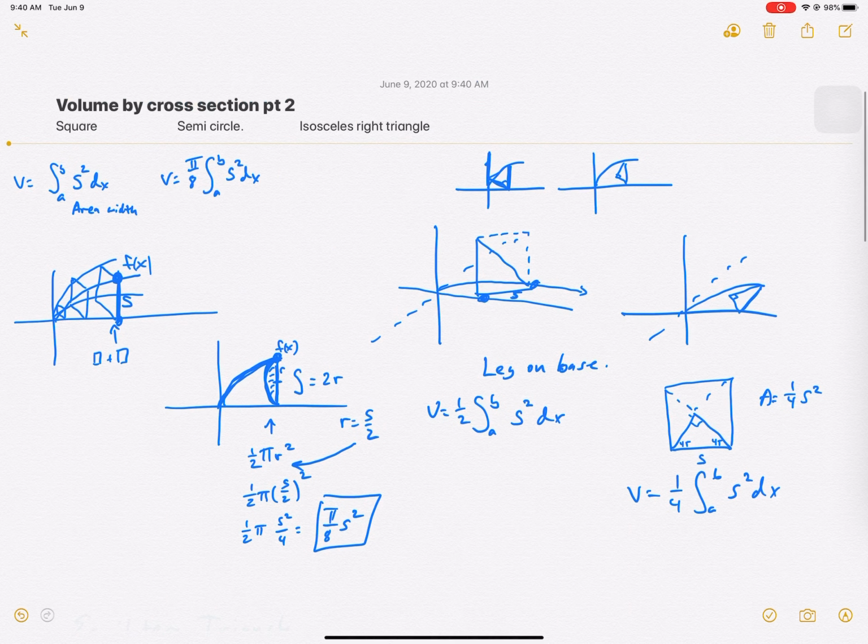For all our examples up here, we had an S squared, including the semicircle, sorry, that was S squared over here. Our isosceles with the leg on base, and the hypotenuse on base, they all follow this S squared model. The only thing that changes is the constant in front.